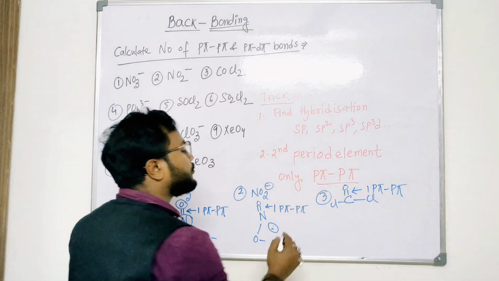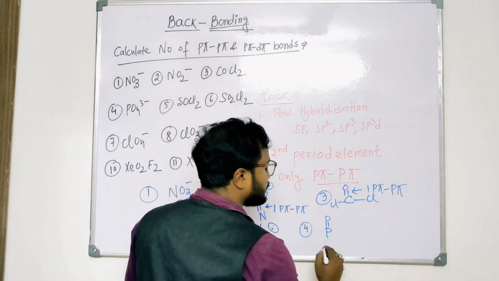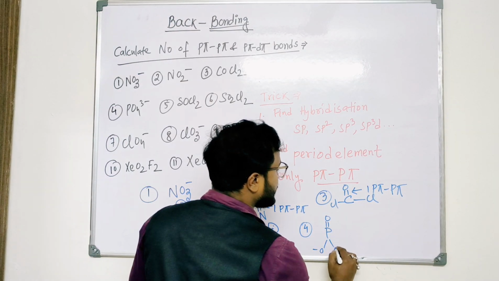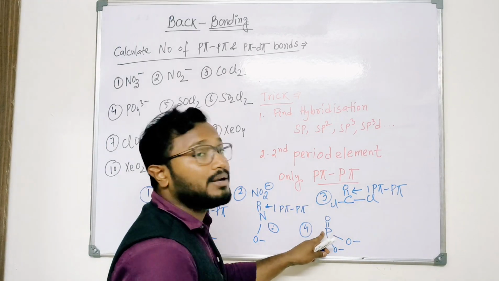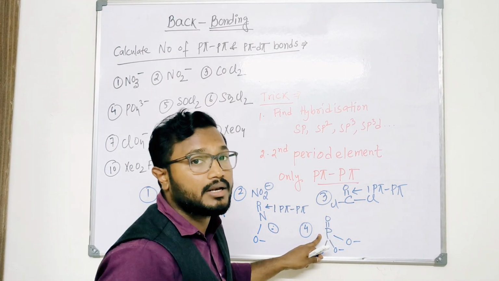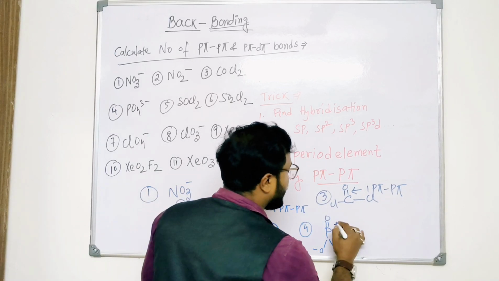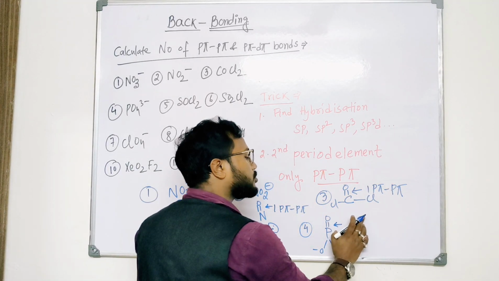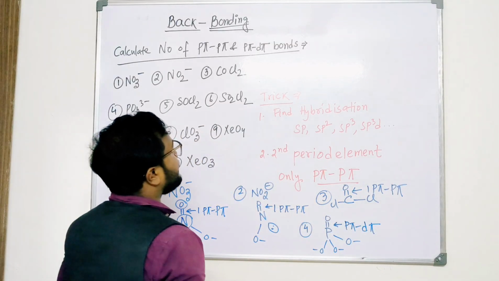In case of PO4 3 minus, we can check: P double bond O, single bond O minus, single bond O minus, single bond O minus. See, atomic number of phosphorus is 15, so it is 13 or more in that category. So this bond is oxygen's p and phosphorus d. So p pi d pi back bonding.